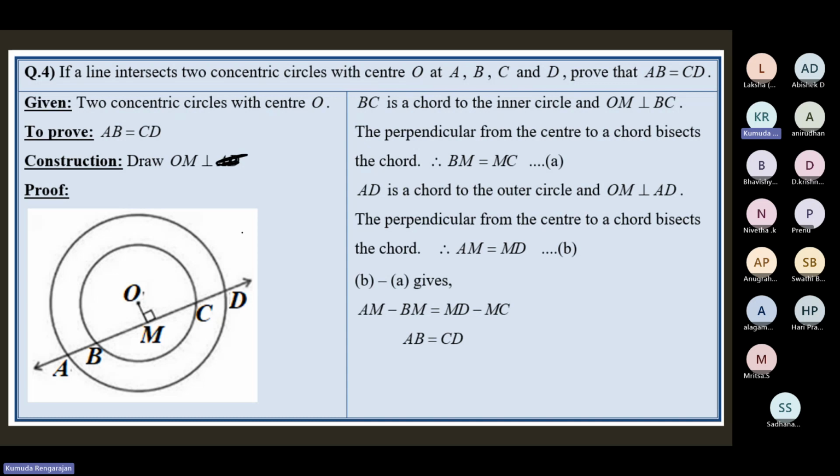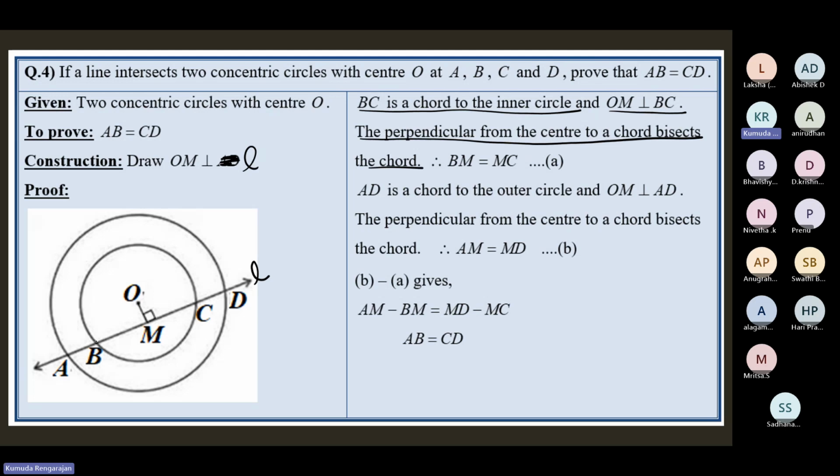You can also take a screenshot of this one, this will be better. You can call this line L and say draw OM perpendicular to L. BC is a chord to the inner circle and OM is perpendicular to BC. The perpendicular from the center to the chord bisects the chord.